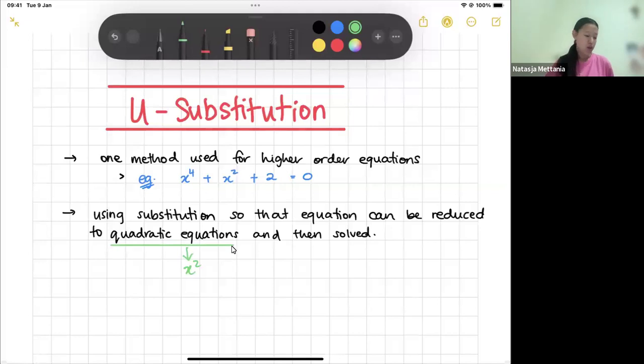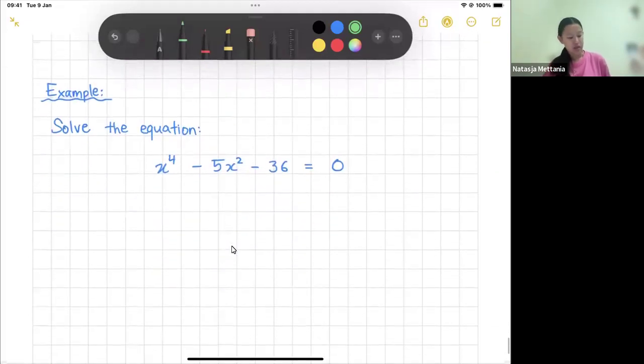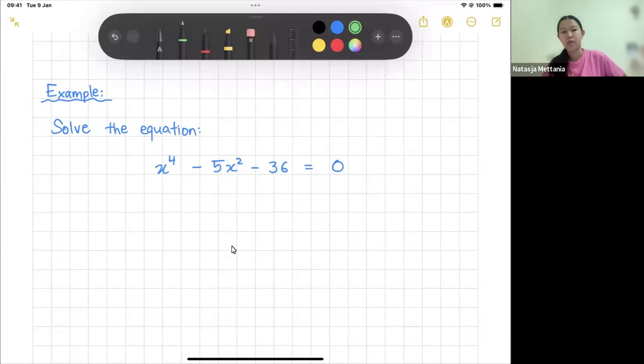So let's go to our example. It says solve the equation x to the power 4 minus 5x squared minus 36 equal to 0. Now, to solve this equation, it's a higher order equation, which means I need to reduce it down.